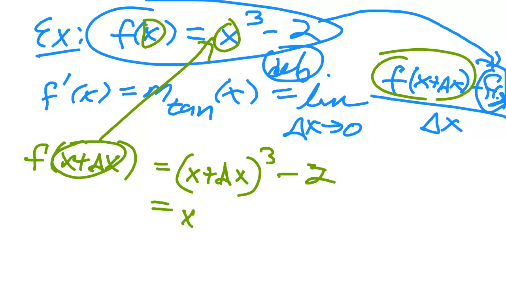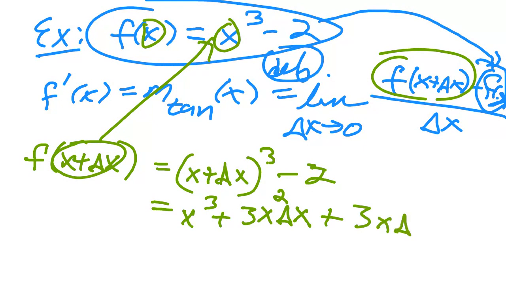But this ends up being x cubed plus 3x squared delta x plus 3x delta x squared, which I don't need parentheses around the delta x, because delta x, like I said, it's like a z, so that'd be like z squared. So the delta is part of the variable here. And then plus delta x quantity cubed. And then, so that's the first part, and then minus 2. Good with that?